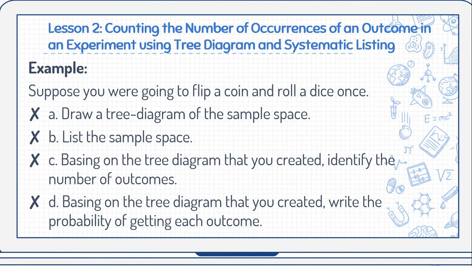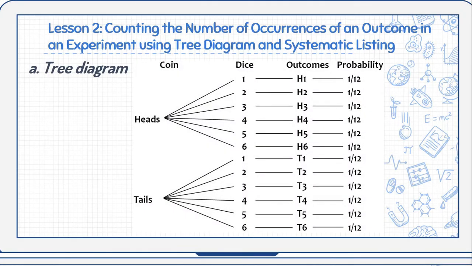Okay, so, we have here the tree diagram for letter A. If we toss a coin, 'di ba, yung possible outcome niya is either heads or tails, 'di ba? Tapos sa dice, 1 2 3 4 5 6. Siguro if we toss a coin at saka at the same time roll a dice, yung result ay si head or heads.